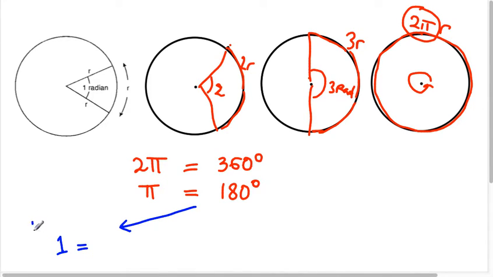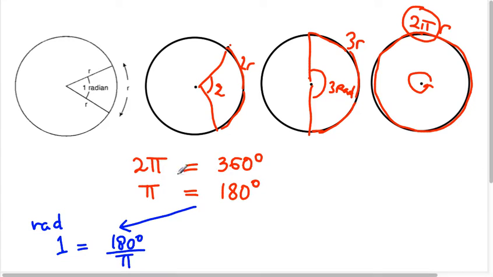And this is 1 radian then. On the right hand side, I will have 180 degrees divided by pi. So I have a conversion from radian to degrees. So 1 radian is equal to 180 degrees divided by pi.